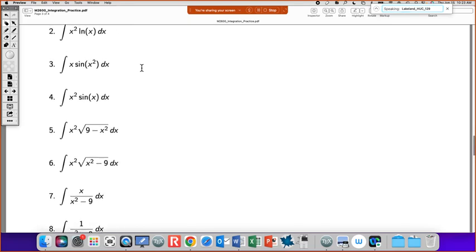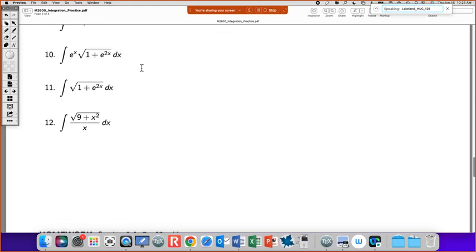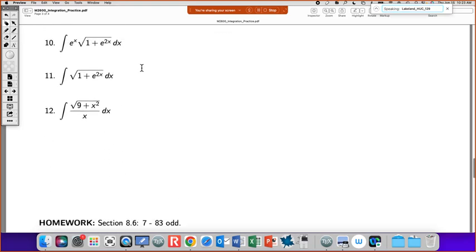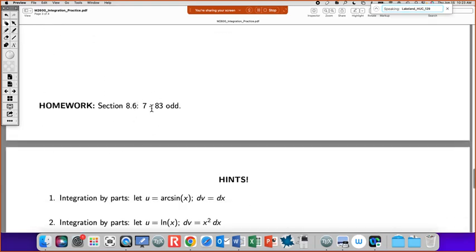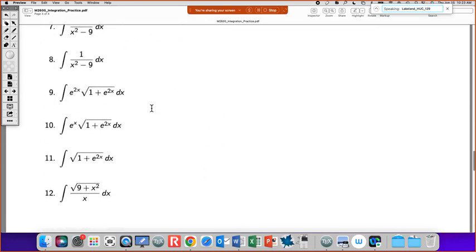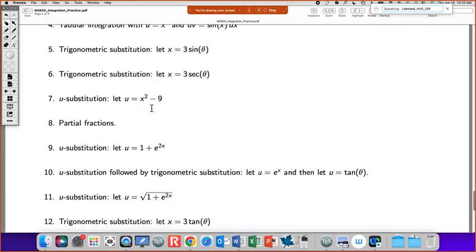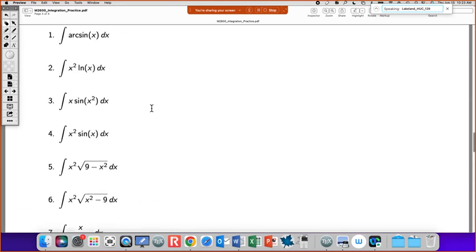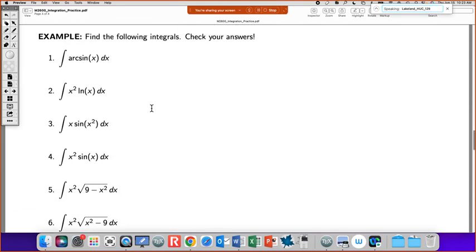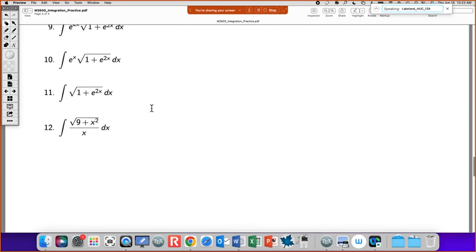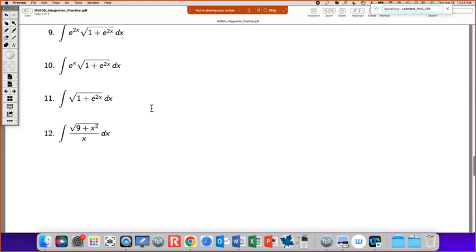I would encourage you to work through these, but the big value for you, and this is the homework from the book, is to just think, okay, what strategy would I use? You follow? And then that's what's on the back, the different strategies. You with me or not? So once again, think of this as 12 more examples to work through if you want. You can check them on Desmos if you need to. You follow?